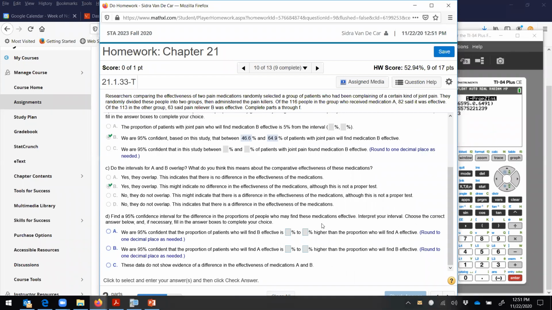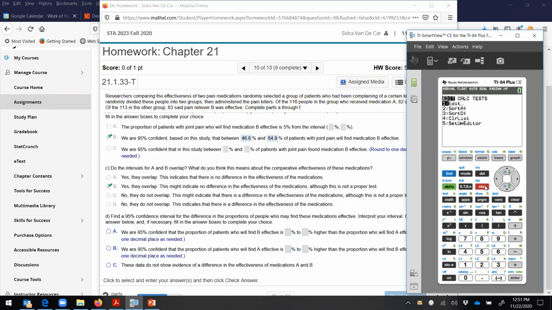All right, so now let's do that difference in proportions. So we want to go to stat, tests, option B. And our first one is 82 out of 116.